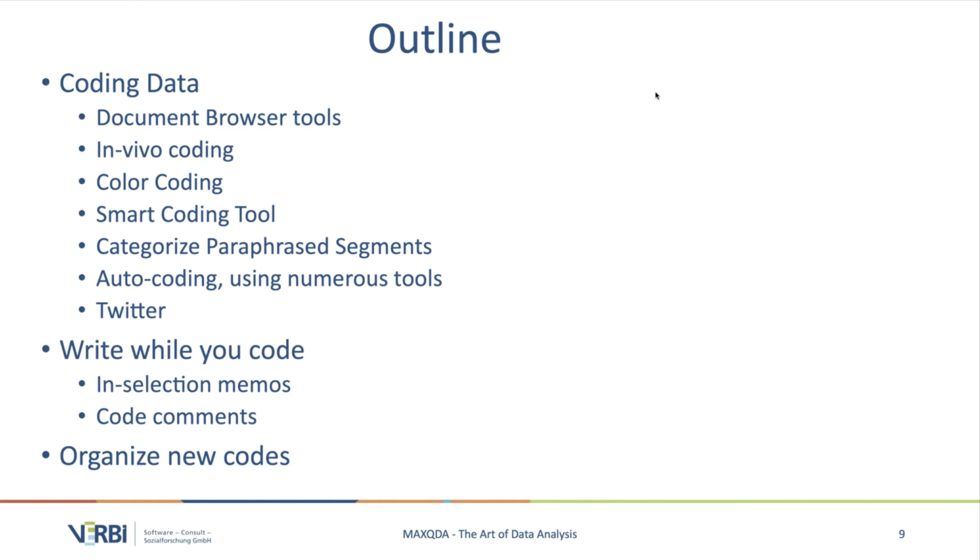We'll explore a little bit with Twitter. And throughout the process, we'll talk about writing while you code, the use of in-selection memos, code comments, and as time permits, we'll also refresh about organizing new codes that you create.